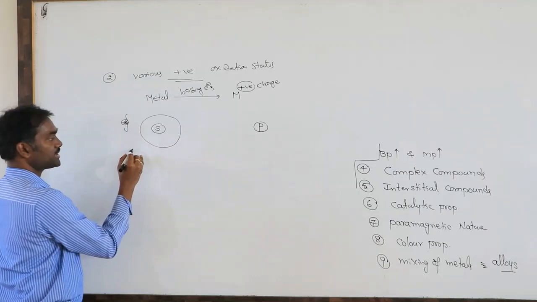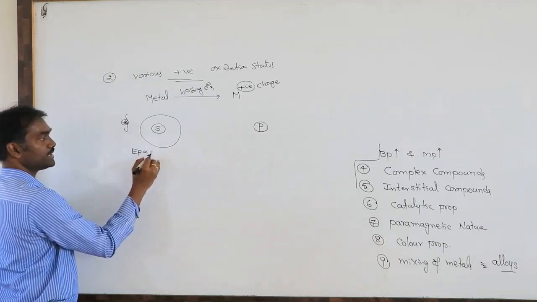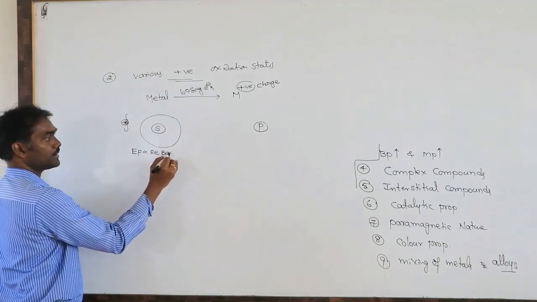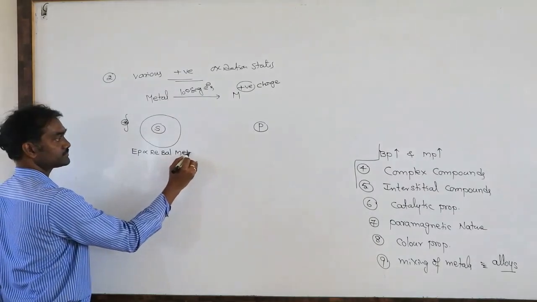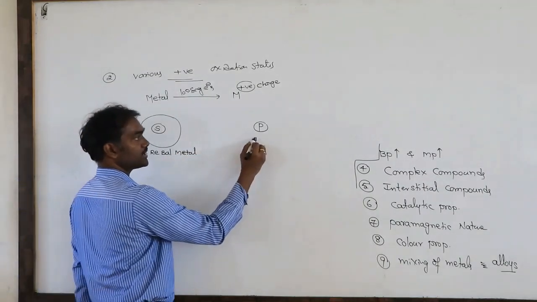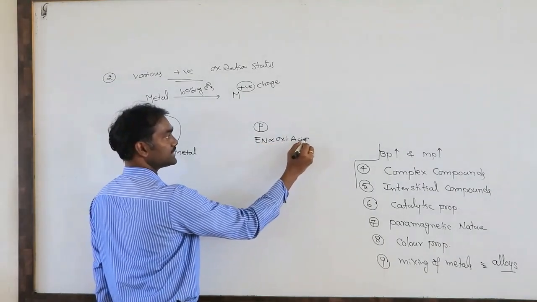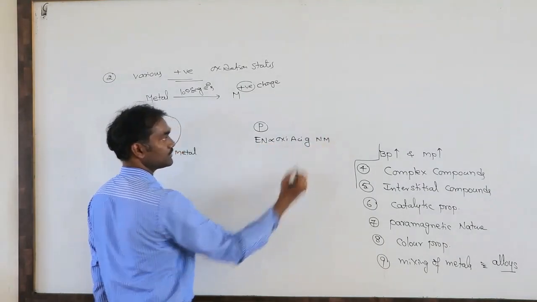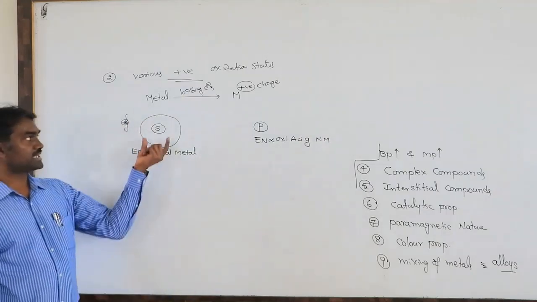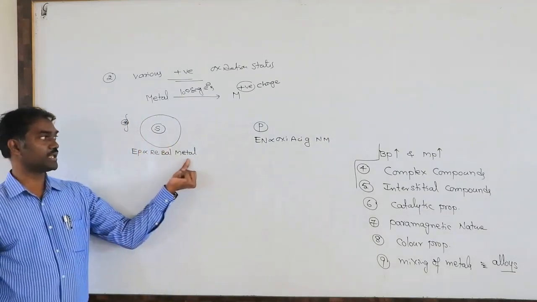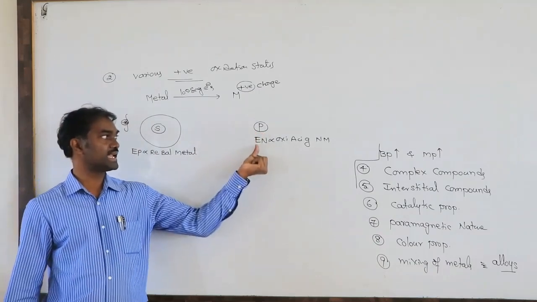What are the properties here? Electropositive, basic oxide, metal. What are the P block element properties? Electronegative, oxyacid, non-metal. So always remember, S block large size has electropositive, basic, metal; small size has electronegative, oxyacid, non-metal.